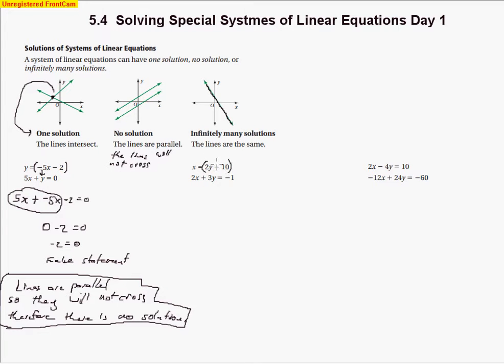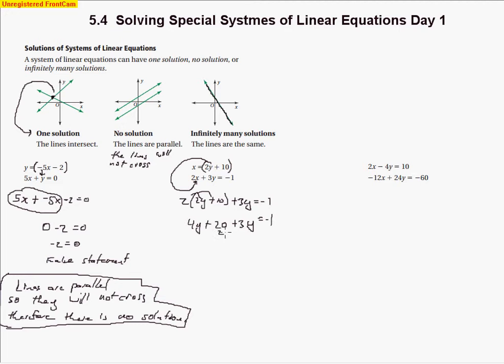I'm going to take that 2y plus 10, I'm going to put it in place of the x in the equation below. So I've got 2, then I write the expression, what x is, 2y plus 10, and then plus the 3y equals negative 1. So I use that distributive property, and I've got 4y plus 20 plus 3y equals negative 1.